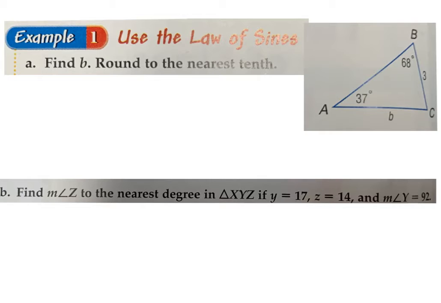Let's look at this. It says find b, round it to the nearest tenth. So we have angle A, side a, angle B, and we need side b. This is not a right triangle, so we're going to set it up with our ratios. Sine of 37 degrees over side a, 3, equals sine of 68 degrees over side b.